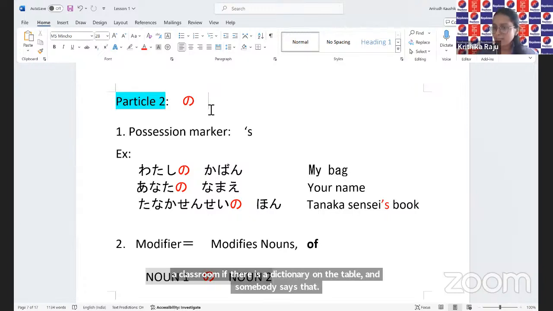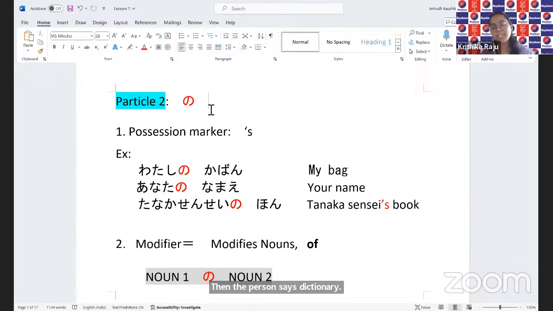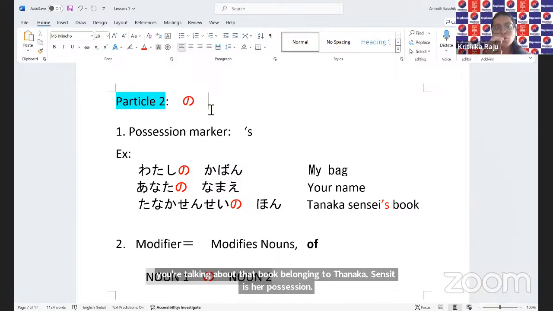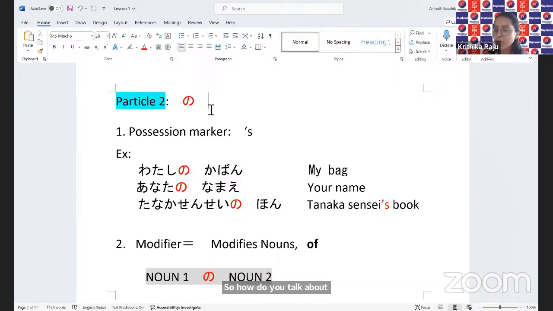Tanaka Sensei. Miss Tanaka, the teacher. It's Tanaka Sensei's dictionary. So there you're talking about that book belonging to Tanaka Sensei. It is her possession. So how do you talk about possession in Japanese? You use this particle no. So let's see with some examples.